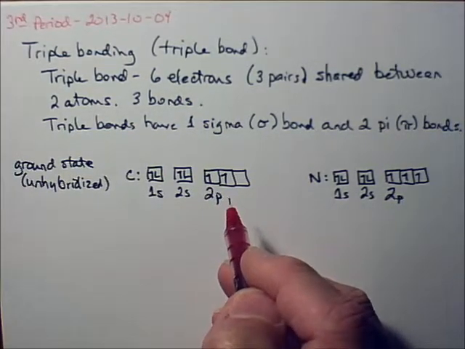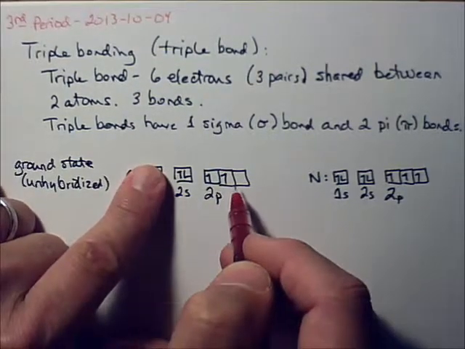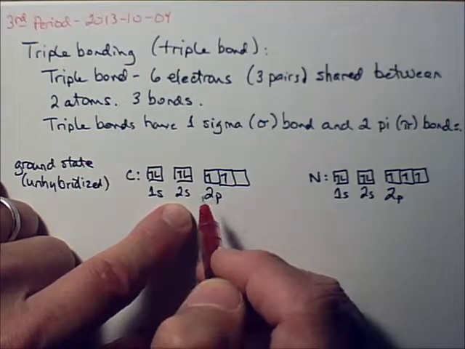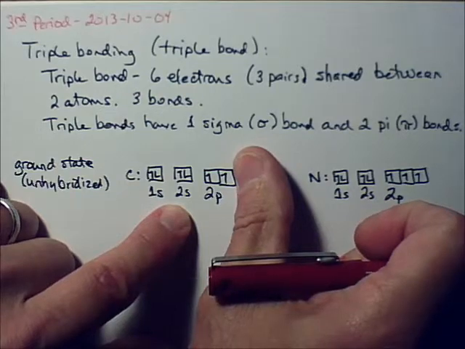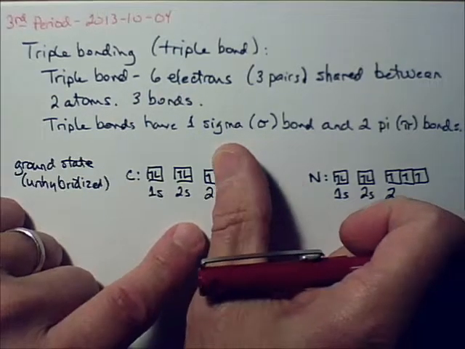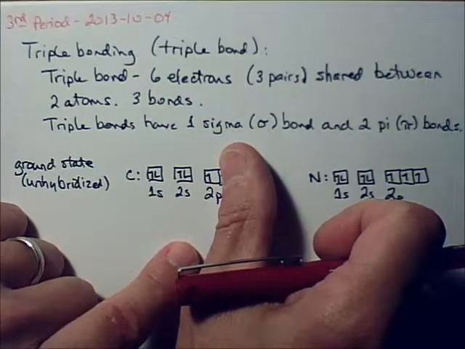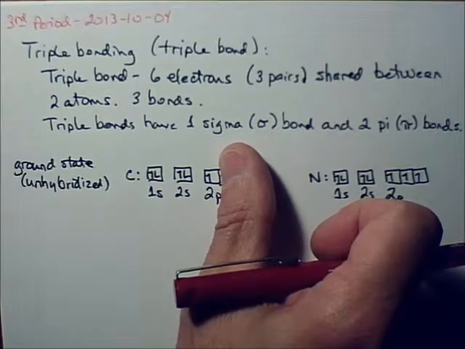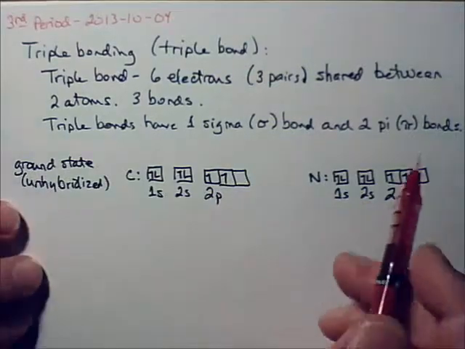When we hybridize all four valence orbitals, we combine an s and three p's for sp3s. If we leave one p orbital alone, then we get an sp2. Now we're going to only hybridize two orbitals. What do you think we're going to call that? sp. Or you can call it sp1, but the one is kind of like putting 10 to the first power. It's still 10, right? Okay.